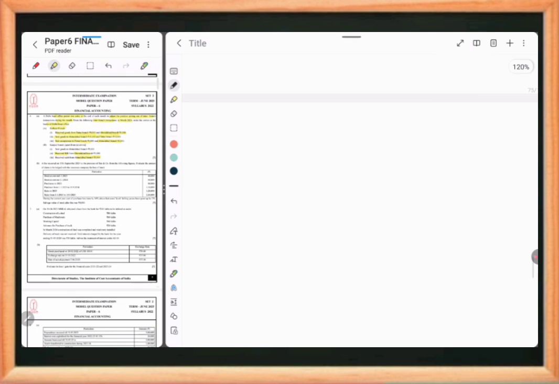And then here, total inter-branch transactions. Here you have to write particulars: Kolkata branch, with debit and credit columns.